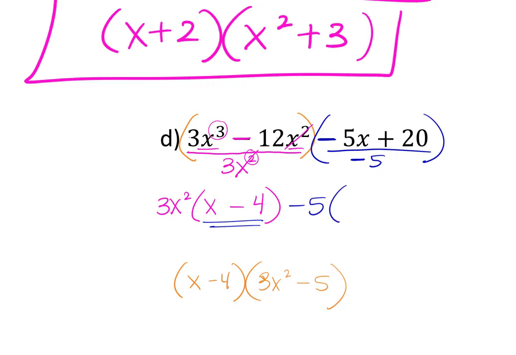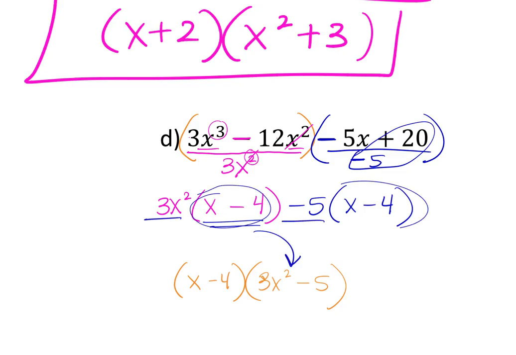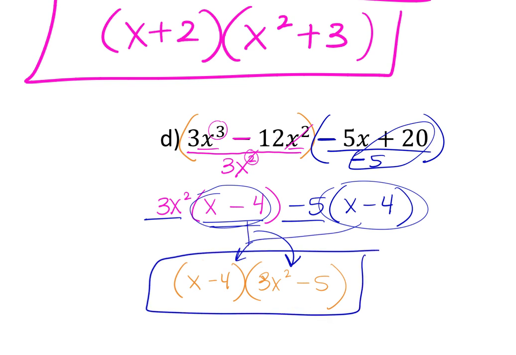Factor out negative 5. You're left with x. 20 divided by negative 5 is a negative 4. And then that gets you 3x squared minus 5 here. Your x minus 4s go right there. Okay, factor by grouping. Questions on that? That was so easy. Good.